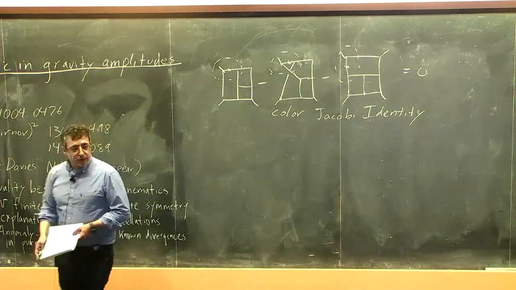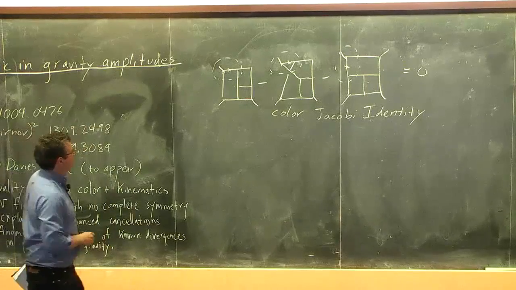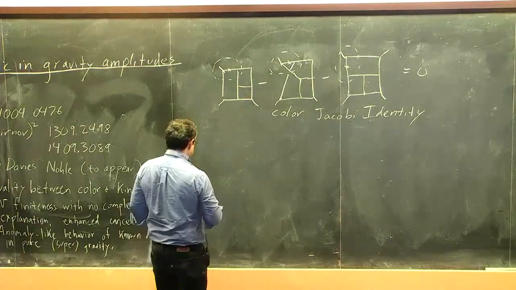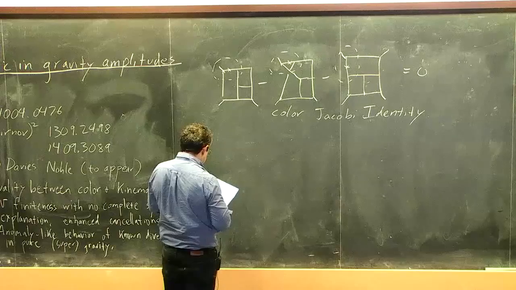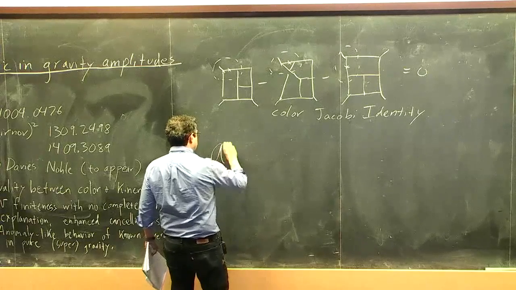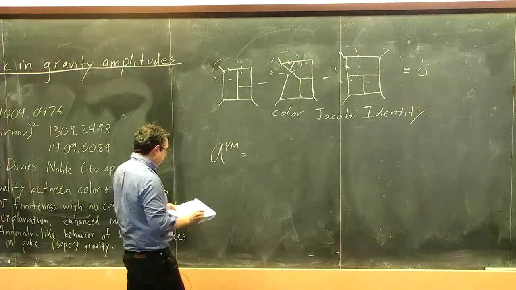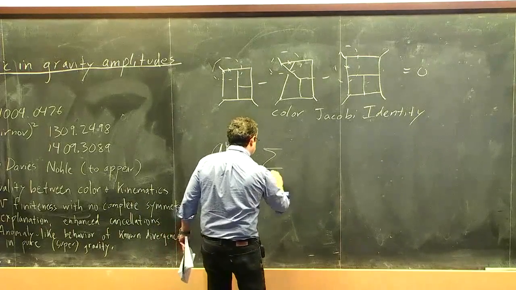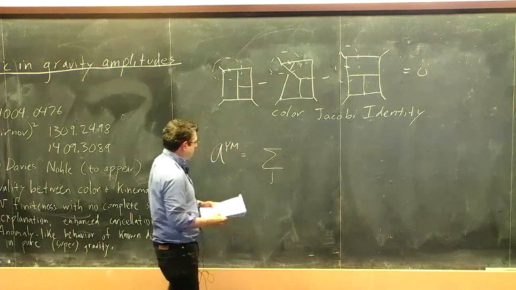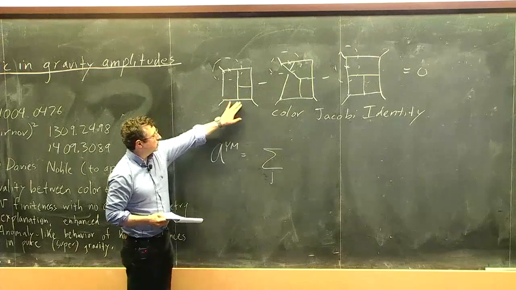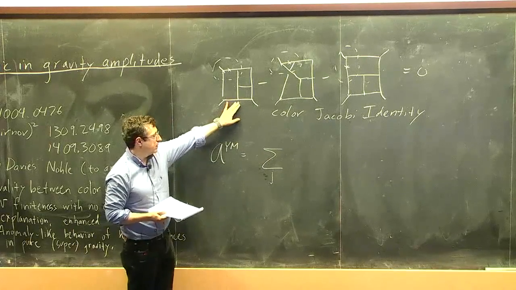Okay? So let's now write down a formula for an amplitude. Just a generic formula. So I'll write a Yang-Mills amplitude at multi-loop level the following way. We're going to sum over diagrams. And these diagrams we're going to make in one-to-one correspondence to the color factors.